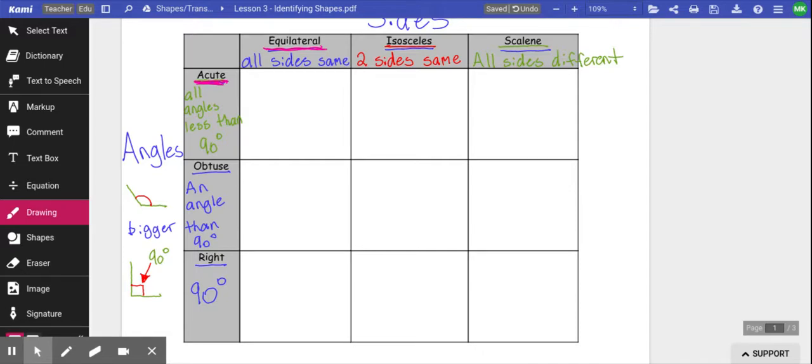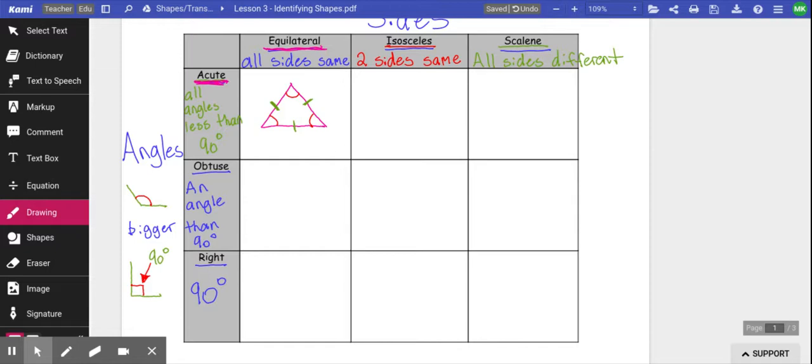So something like this would be an equilateral acute triangle. I know that because all of these sides are equal. I show they're equal by putting a line through it like that. And if I look at every one of these angles, there's an angle there, an angle there, and an angle there, all of those angles are smaller than or close off more than a 90 degree.